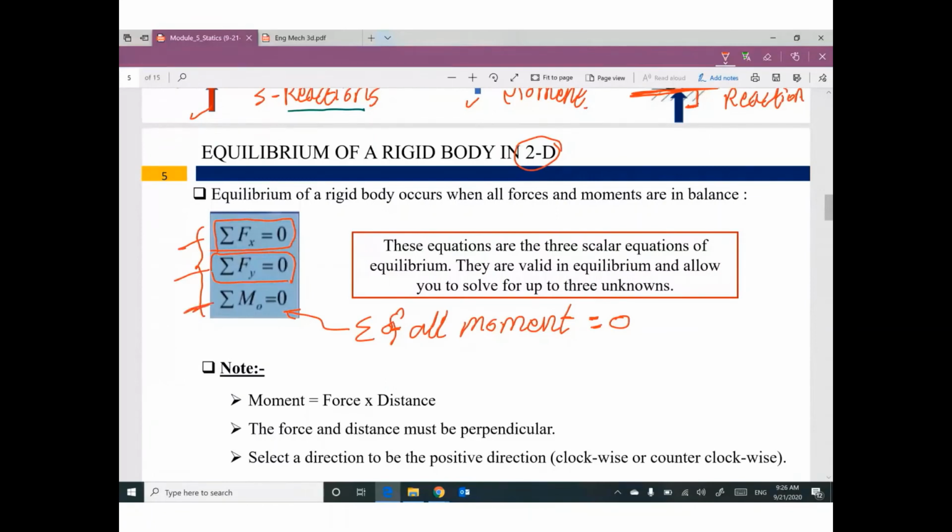So if you are talking about a rigid body in equilibrium, we have 3 equilibrium equations: summation of all forces in X equals 0, summation of all forces in Y equals 0, and summation of all moments at any point equals 0.